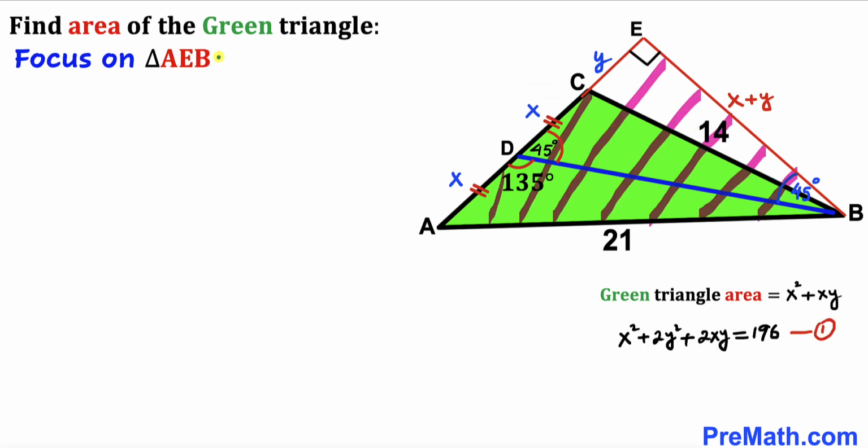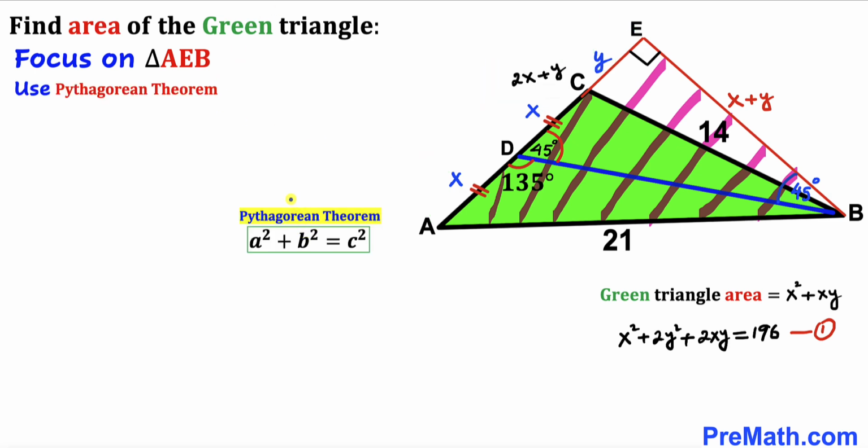Here's our next step. Let's focus on this big triangle AEB. We know this whole side length is going to be X plus Y, which gives us 2X plus Y. Now we are going to apply the Pythagorean theorem on this triangle as well: A square plus B square equals C square.